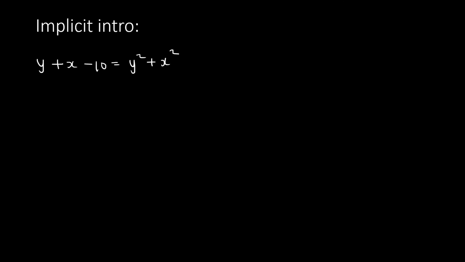You don't have to simplify anything. You're just going to differentiate from the get-go. Remember, the question will be: determine dy dx using implicit differentiation.